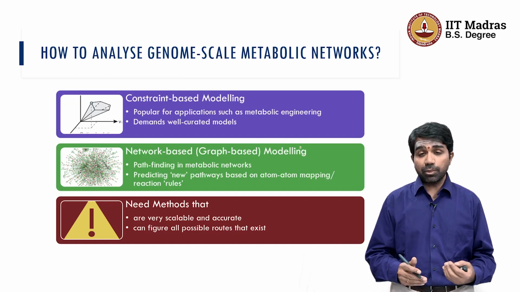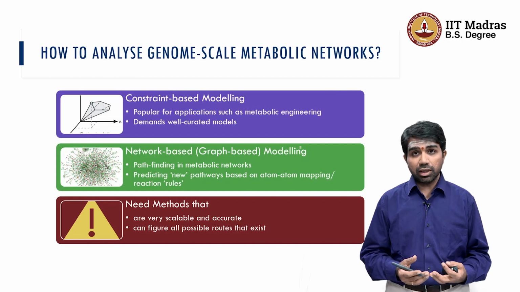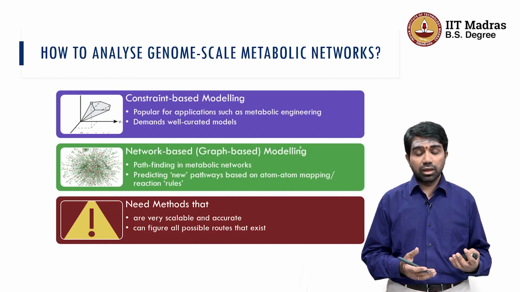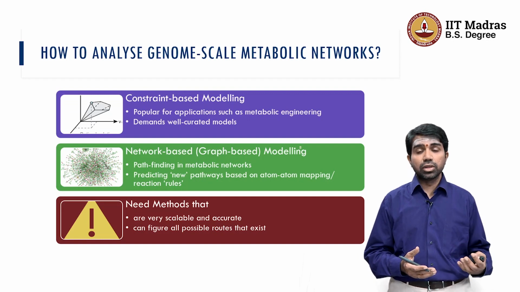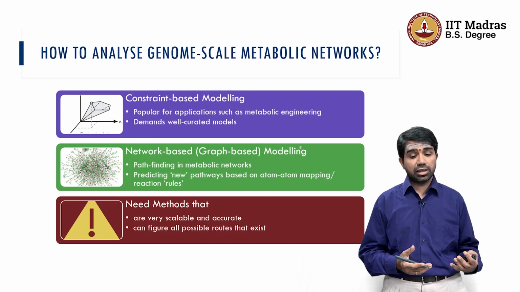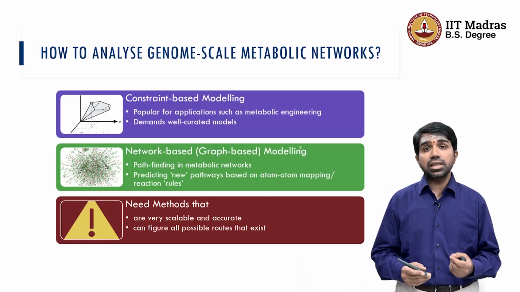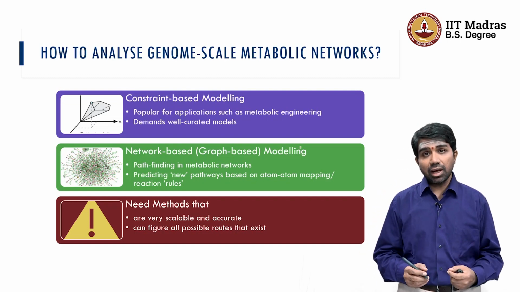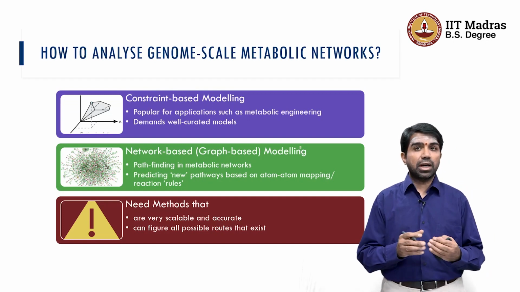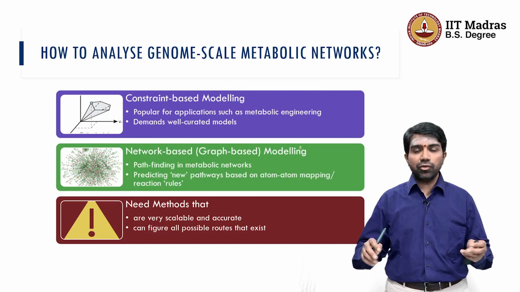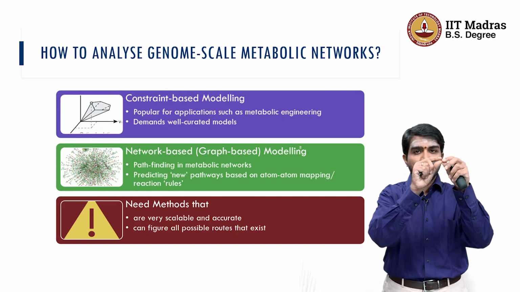Constraint based modeling is very popular for applications such as metabolic engineering, because it tries to understand the growth of a cell at steady state, and this is very useful in trying to predict metabolic engineering strategies and so on. But this demands well curated models. On the other hand, graph theoretic approaches typically focus on path finding. You have a complex graph, and how do you find paths from one node to another?